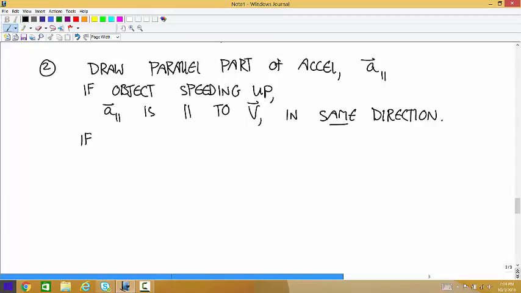If the object is slowing down, it's parallel to the velocity and in the opposite direction.